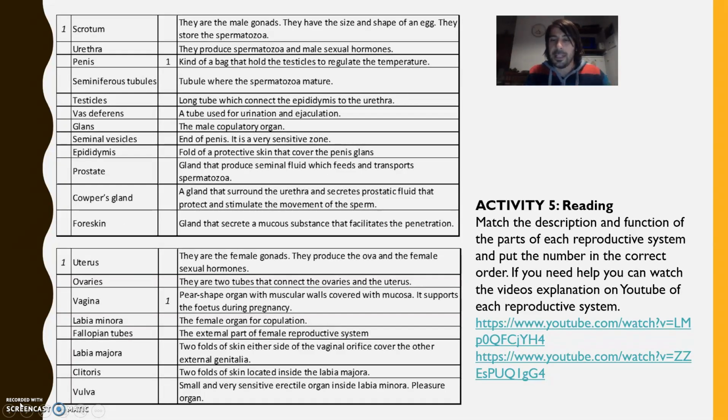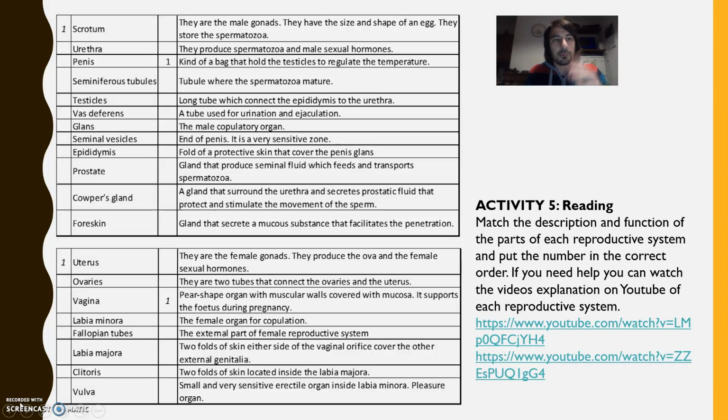The fifth activity will be the last of the first day. In this one, they have to match the names of the parts of every reproductive system with the function of that part.